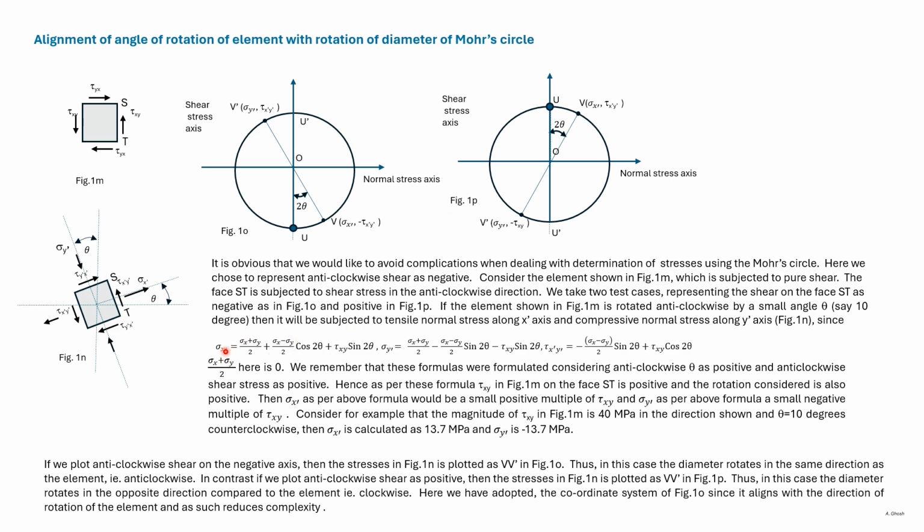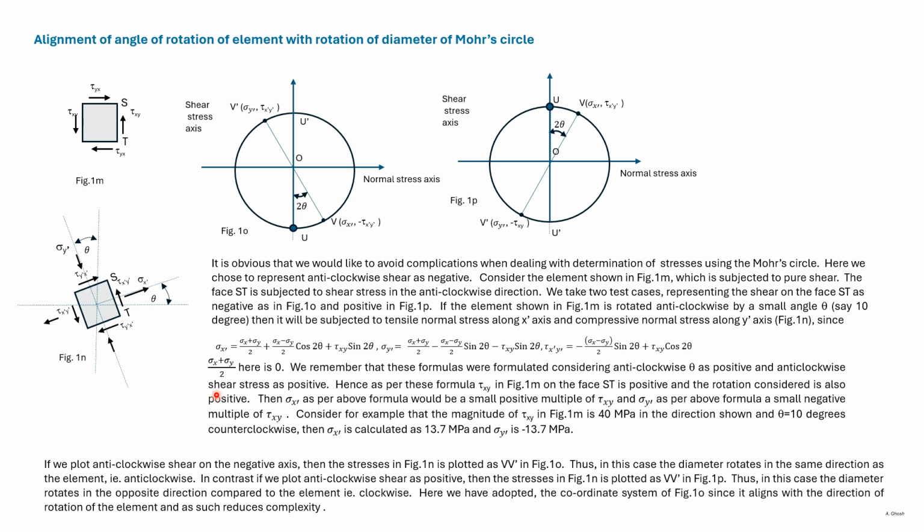So we derived formulas for sigma x dash, sigma y dash, and tau x dash y dash. In this element, sigma x and sigma y are 0, so the first two terms will be 0. As theta is small, sine 2 theta will be small, and sigma x dash will be a small fraction of tau xy.